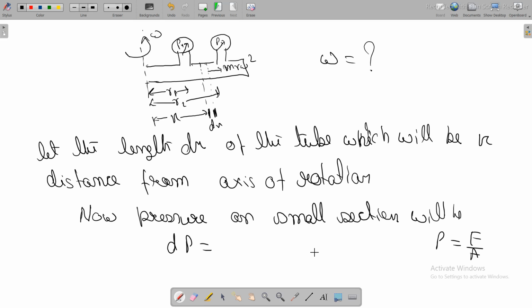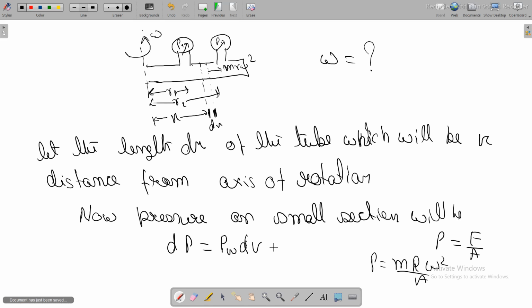Therefore pressure is m r omega square by A. Now for mass, the density of water is rho w, and let dV be the volume of this small element dx.